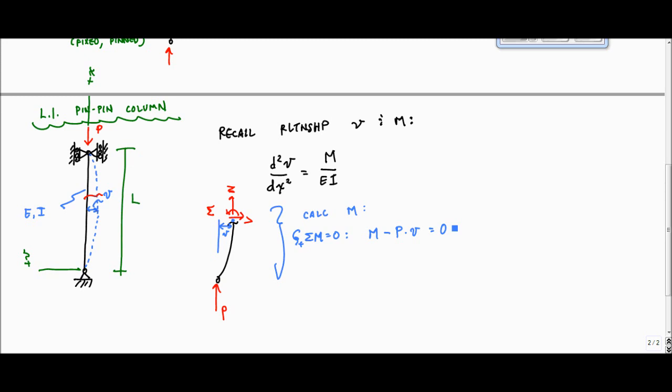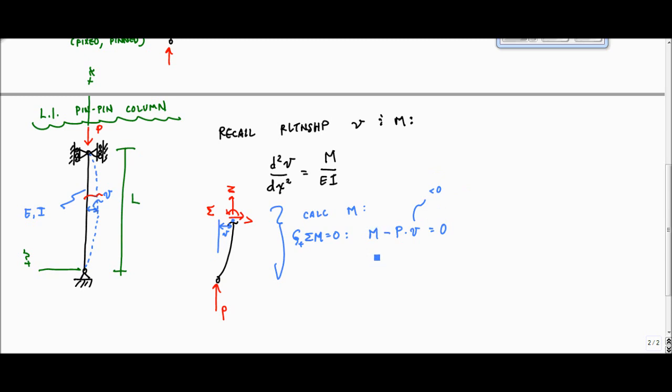In this case, for the derivation, let's say that V right here is a negative displacement. The way that we drew it, we drew a negative displacement, so V has to be less than 0. Don't worry about it.